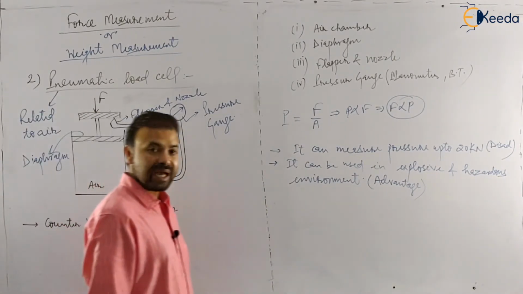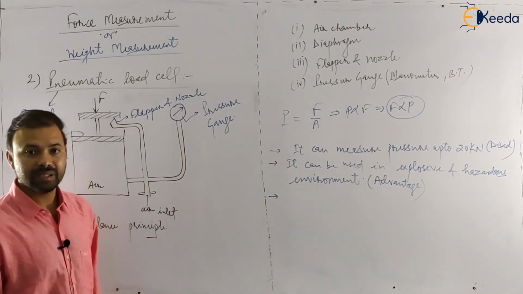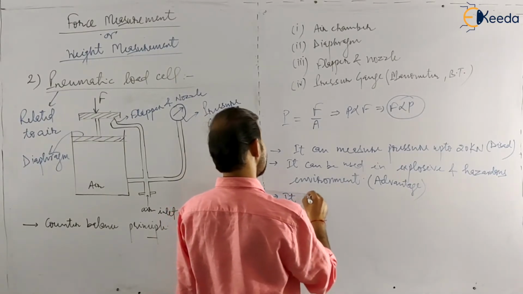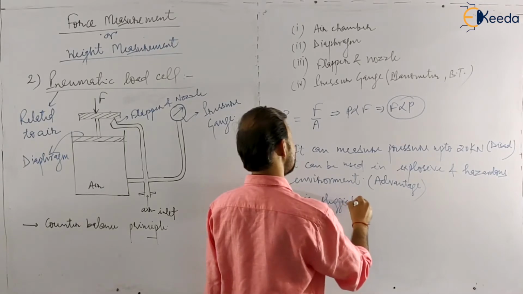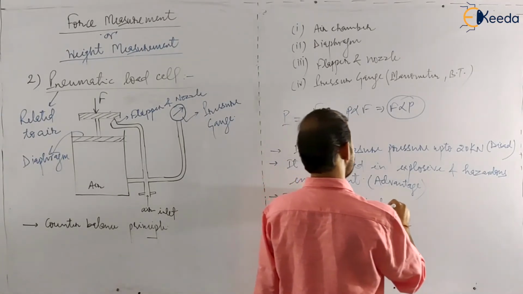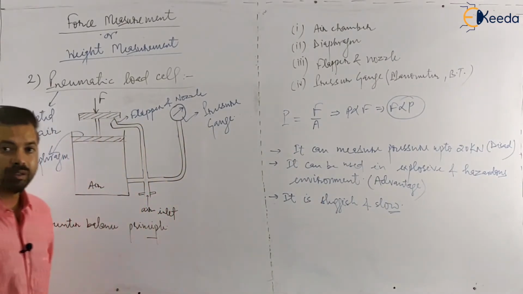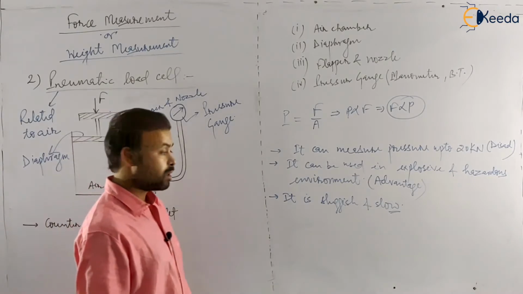Another disadvantage of the pneumatic type of load cell is that it is sluggish and slow. Its response time is slower as compared to the hydraulic load cell.